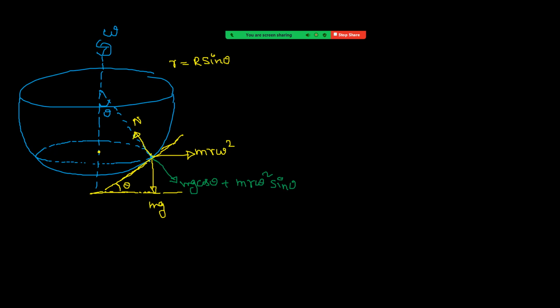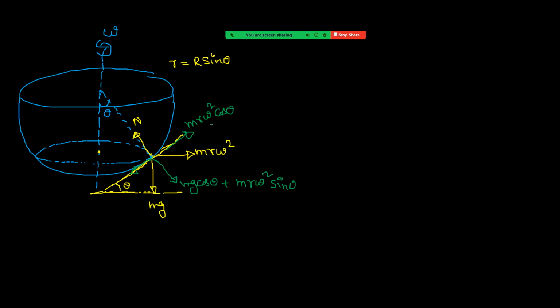And along the tangent, mg sine theta, and this is now m r omega square cos theta. The same as the previous one.